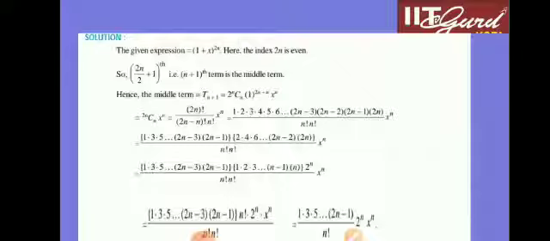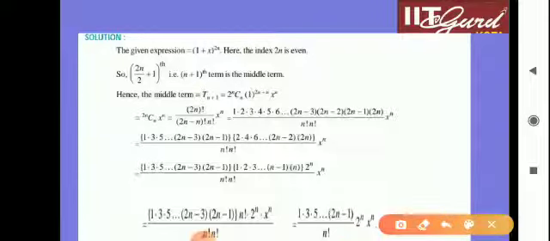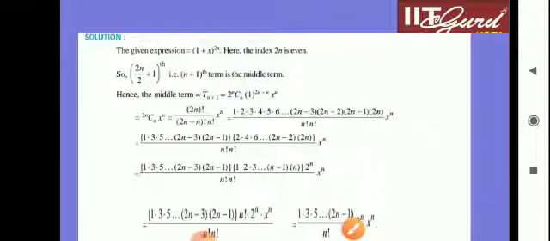The index is 2n. So T(n+1) is 2nCn. Here you see some correction is needed. Make it 2nCn, right? It's not 2 into 2nCn, just 2nCn, and then 1 to the power 2n-n and x^n, and now expand this.